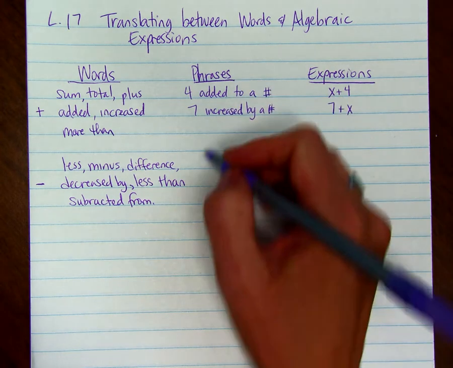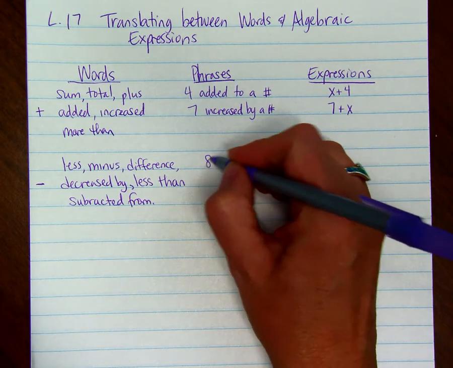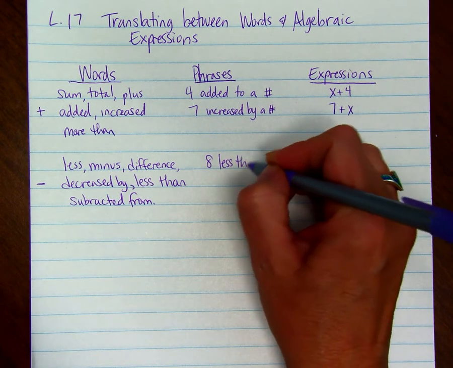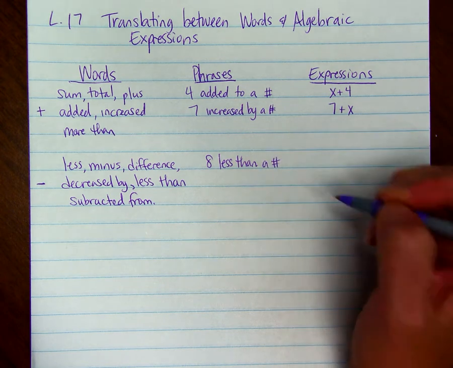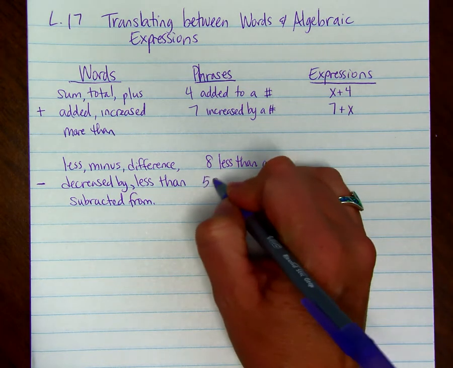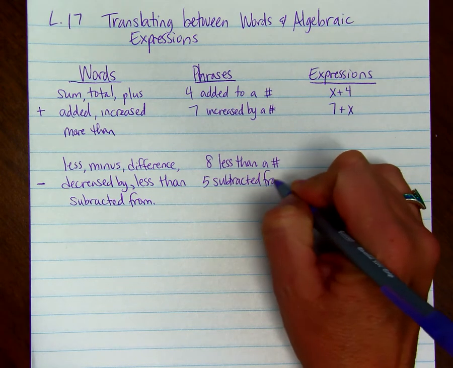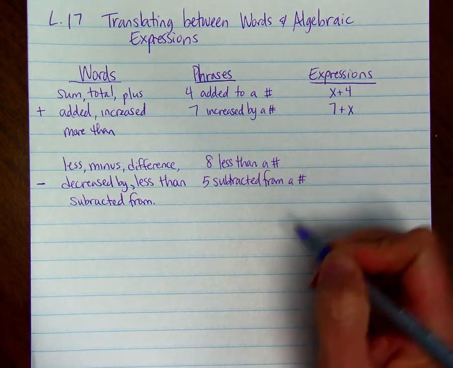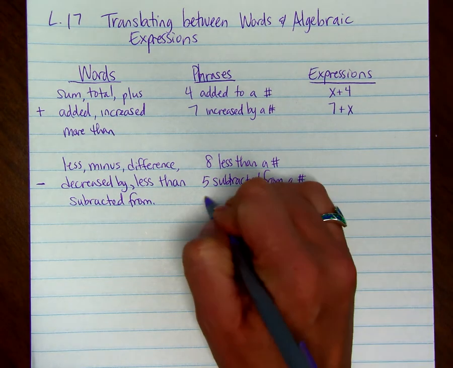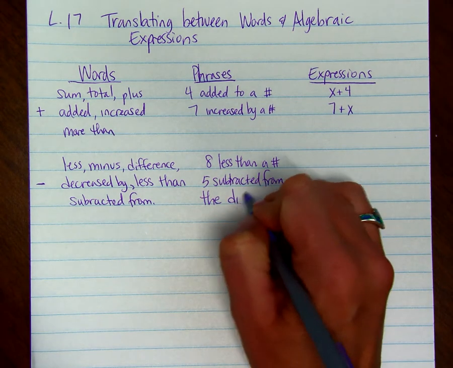So here's a couple of phrases for examples: 8 less than a number, 5 subtracted from a number, the difference of 7 and a number.